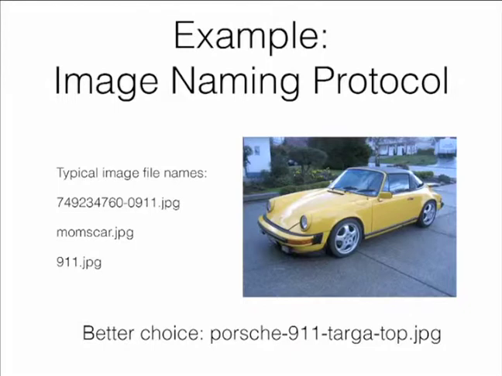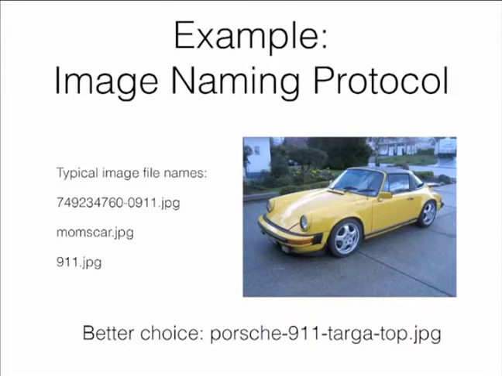The third example, 911.jpg, is a shorthand version that again reminds me what the image is about, but could be confusing to a potential searcher or a search engine because it's not specific enough.